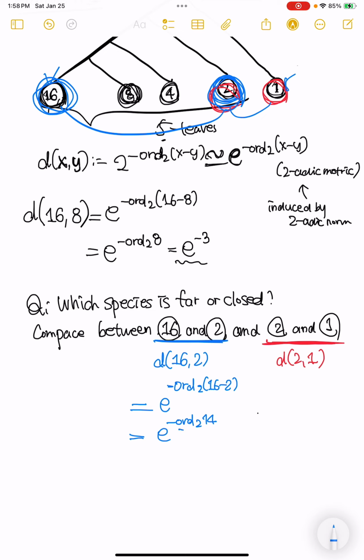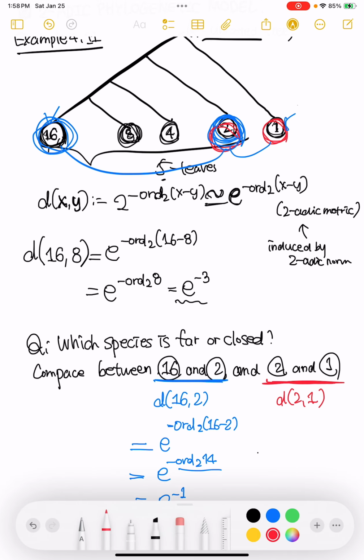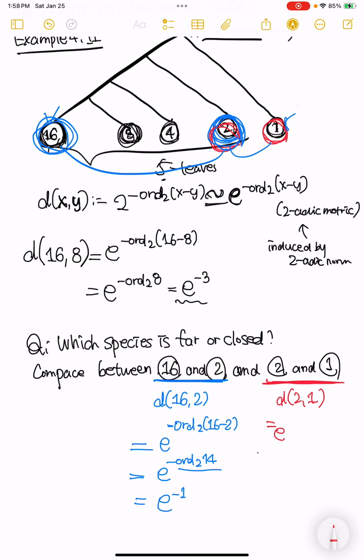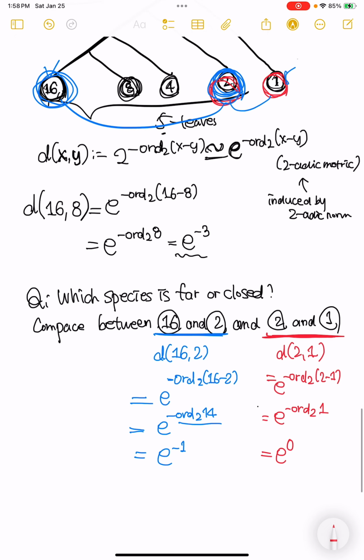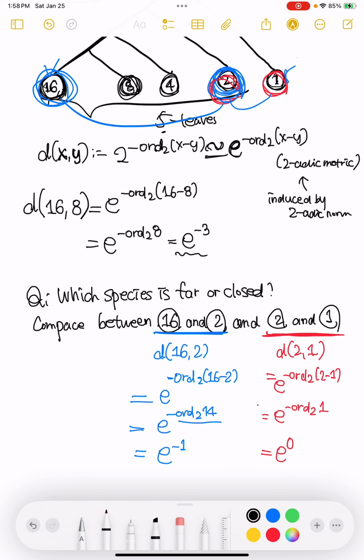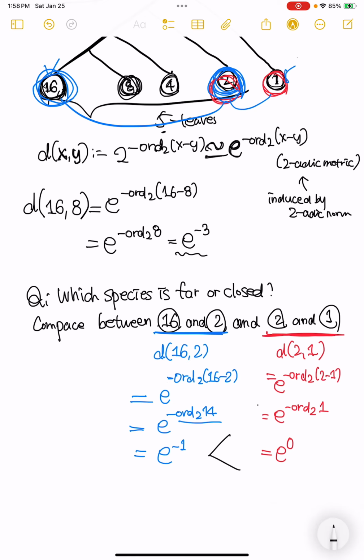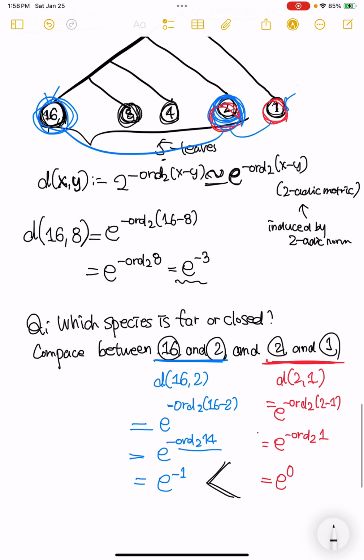And we compute the definition of ordinal, that is minus 1. While that is exponential 2 minus 1, that is 1. So the result is e to 0. So that means that in this part we can find the relation like this.